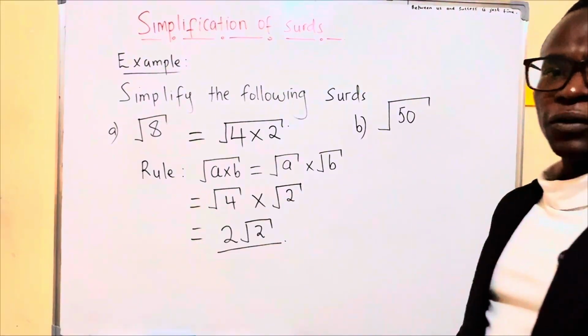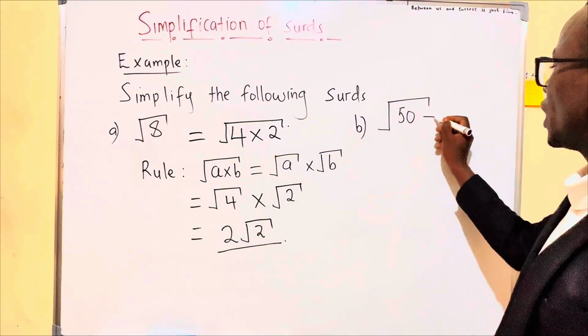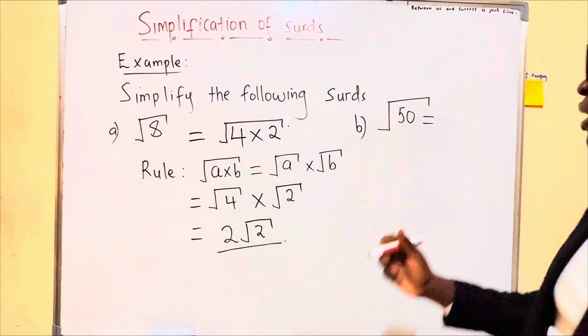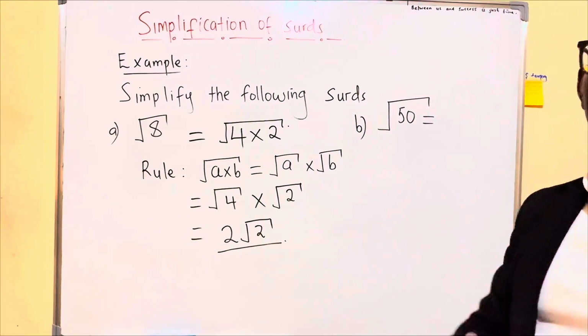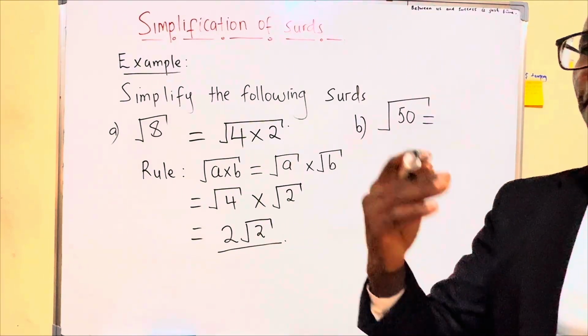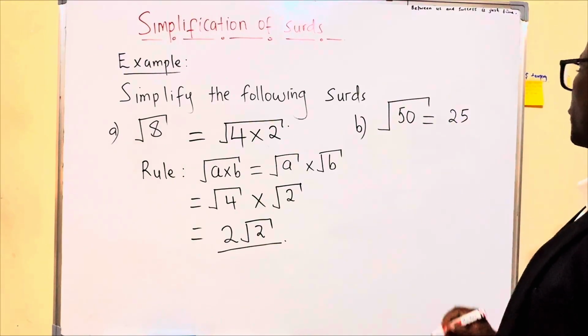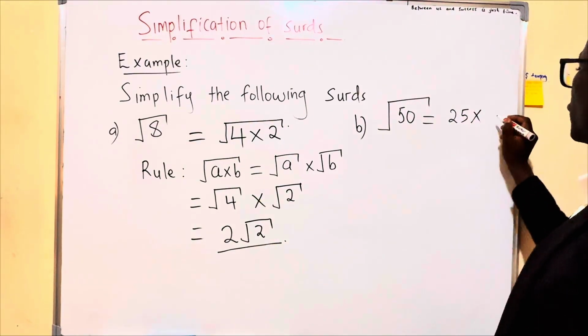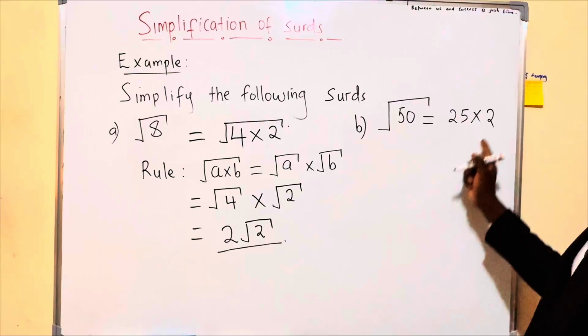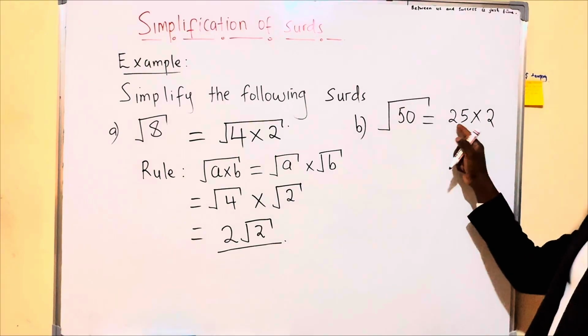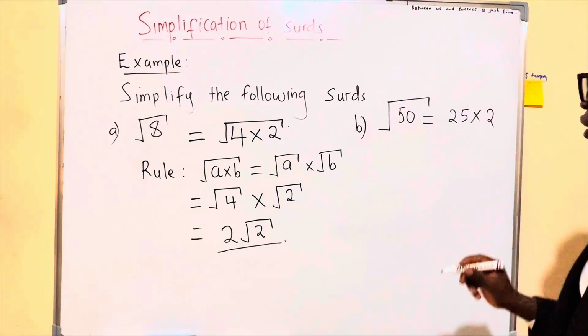So don't forget the principle. We say that we are going to look for two numbers, one being a perfect square factor, and probably that is a 25. So we are going to get 25, we multiply it by 2, meaning that the balance after multiplying, we are going to go back to what? To 50.